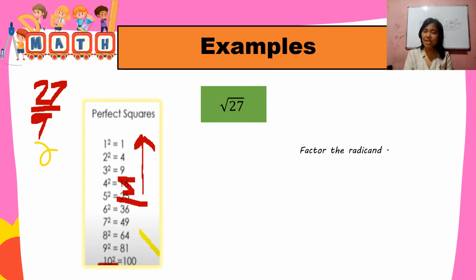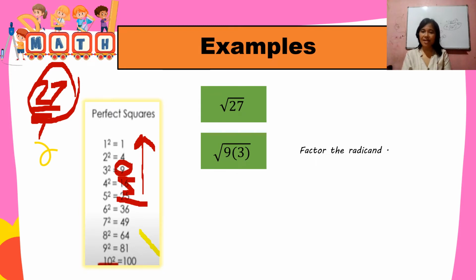So, magiging factors mo rito is 9, yung kinuha mo dito, tapos yung sagot dito. So, yung sagot dyan is 3. So, yung factors mo ngayon is 9 and 3.